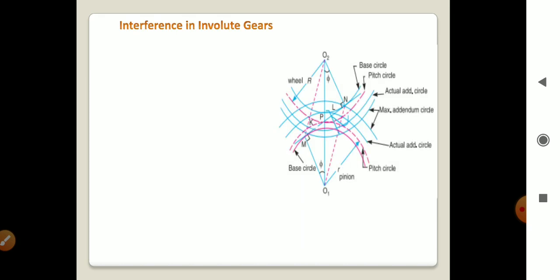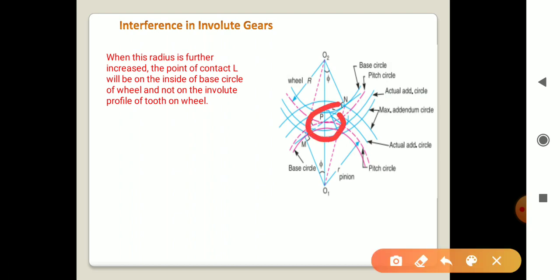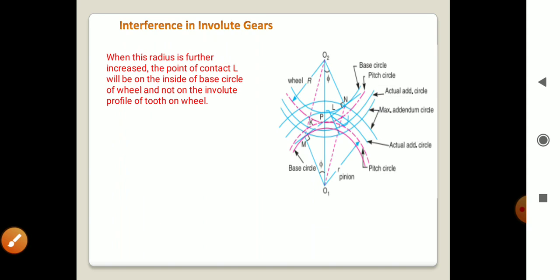Similarly on the wheel side, when the radius is further increased, the point of contact L will be on the inside of the base circle of the wheel and not on the involute profile of the tooth of the wheel.